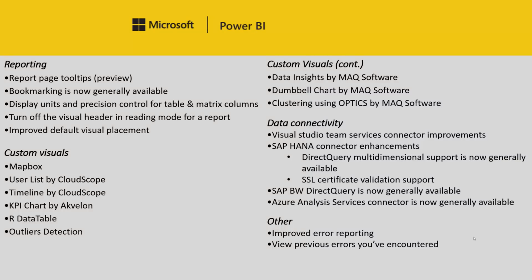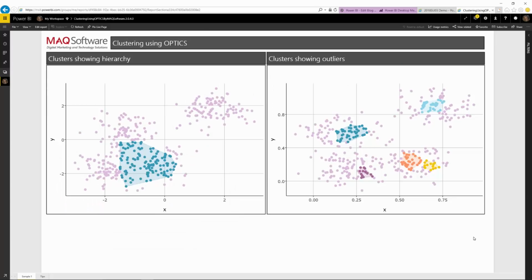The last custom visual is clustering using OPTICS. So this is another R custom visual, the third one for this month, and it's a really cool visual. R is a really powerful language, and so the custom visuals that are made with R usually are very advanced in terms of analytics, and this one's no exception. It lets you create these different clusters in your data.